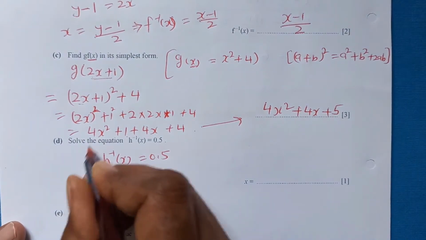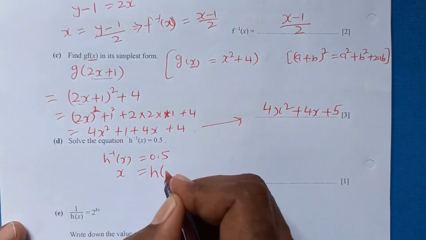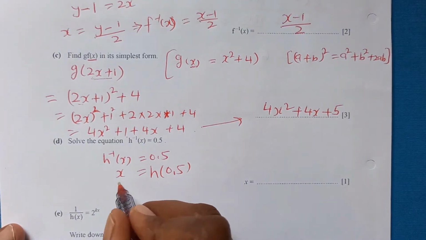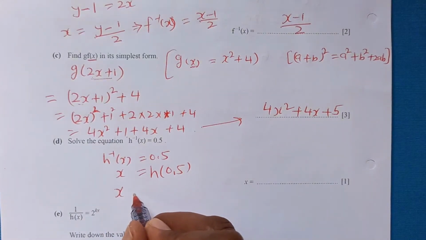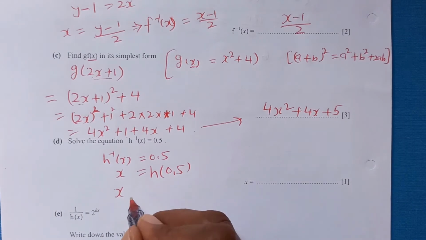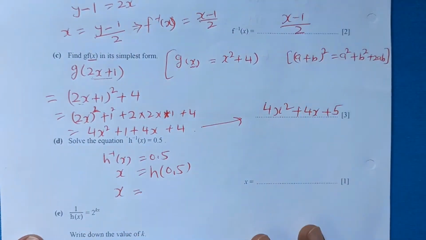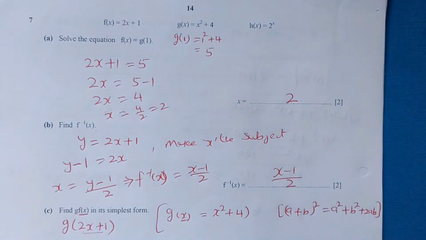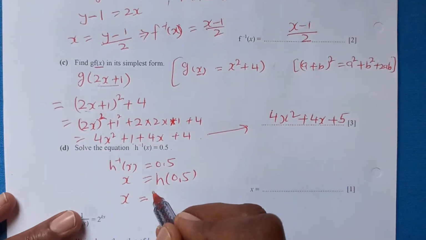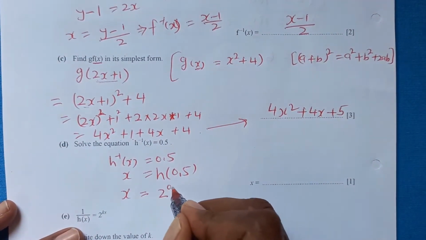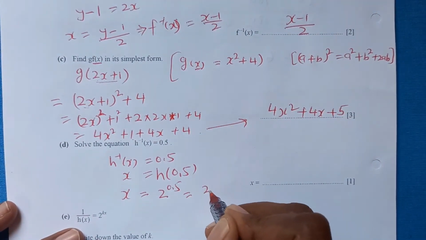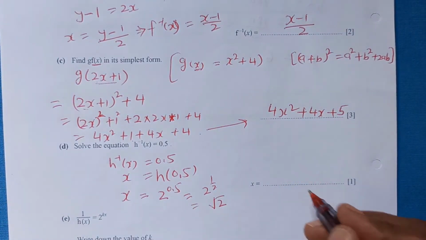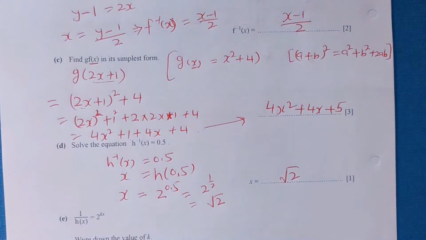So if you take h to the other side, it will become h of 0.5. h is 2 power x, so h of 0.5 means 2 power 0.5. So that means 2 power half, and 2 power half is the square root of 2. So the answer is square root 2.